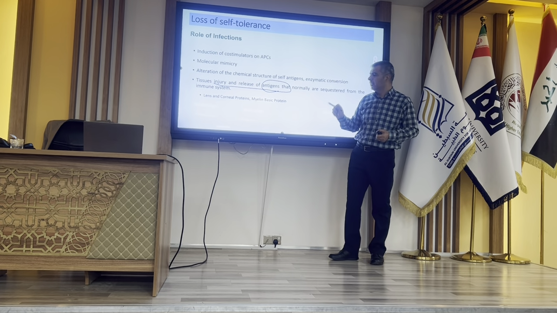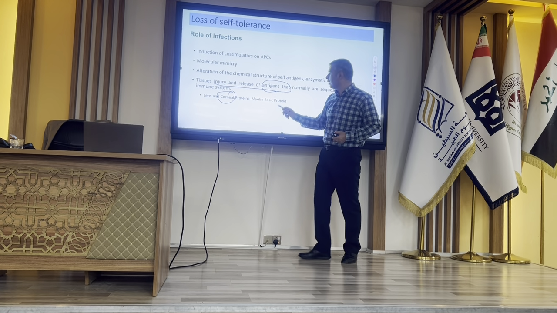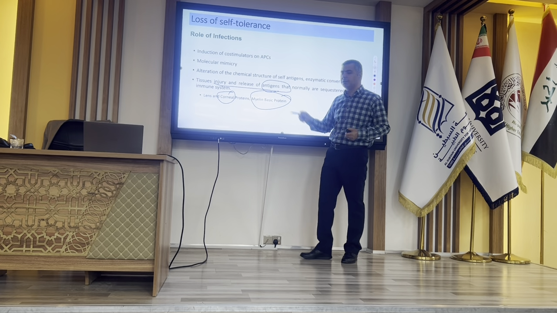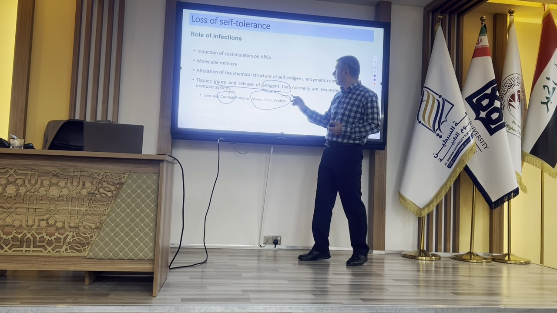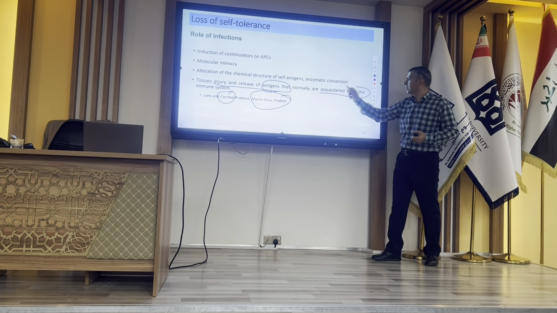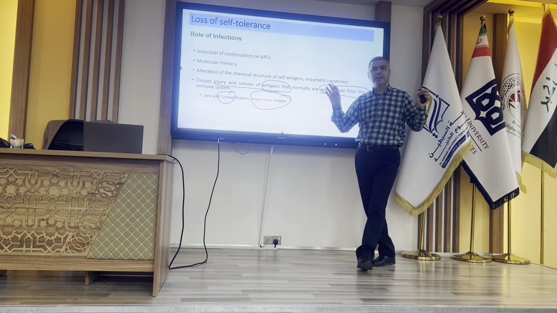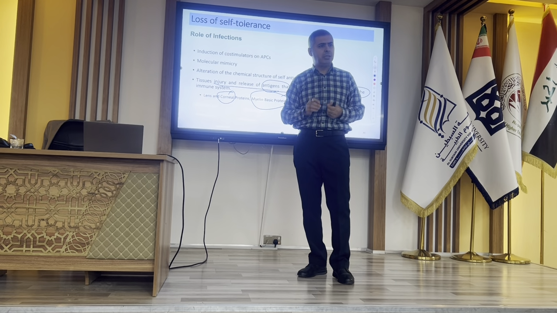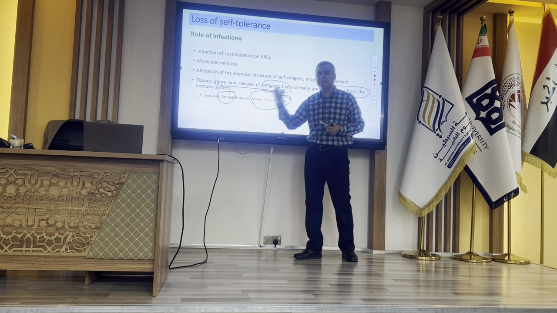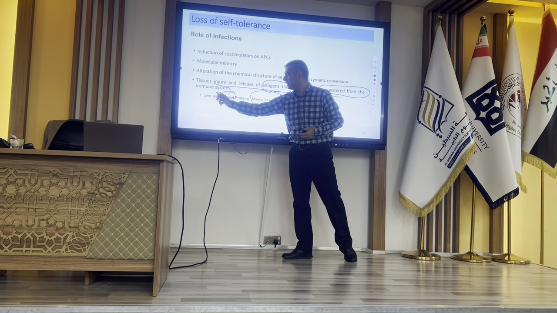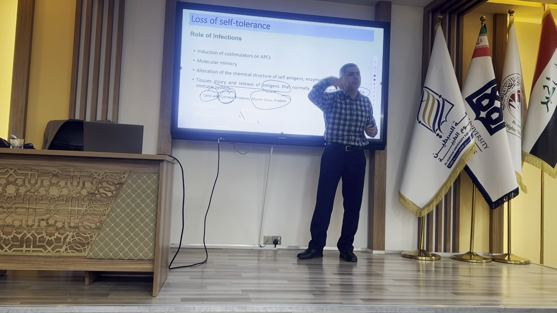Some antigens, including antigens in the cornea of the eye or myelin basic protein of the neural system, are sequestered, they are hidden from immune system. Corneal antigens of the eye, the lens and cornea have some antigens that are hidden from immune system.